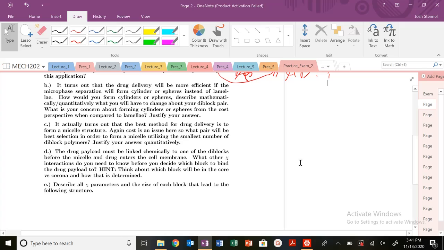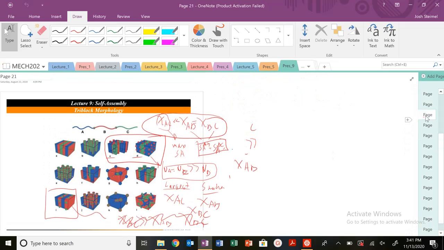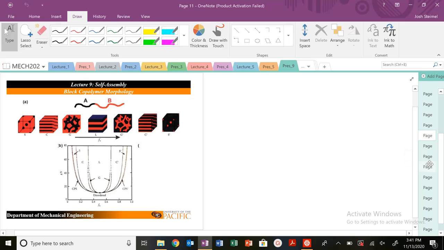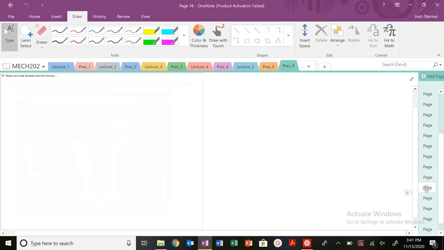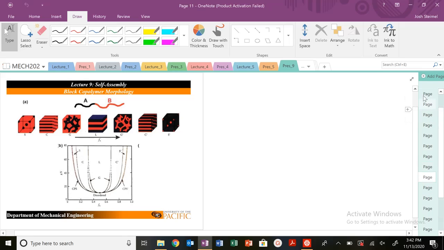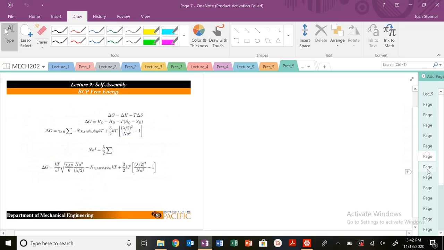So if I want to go to cylinders or spheres, I know that if I'm at 50-50 volume fraction, I'm going to form lamella. If I go back to my lecture notes, specifically presentation 9, let's go way back.